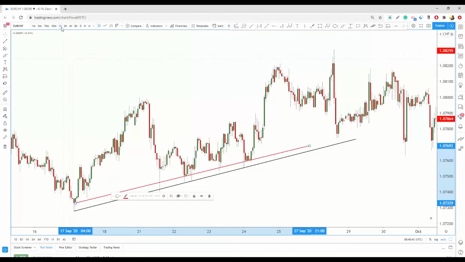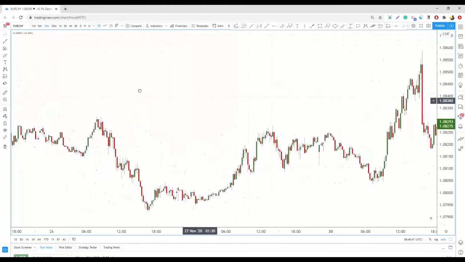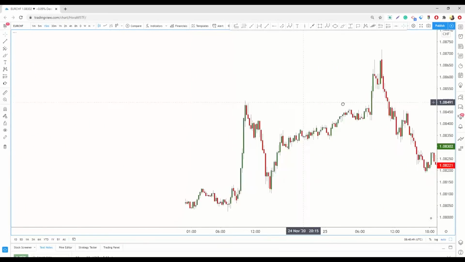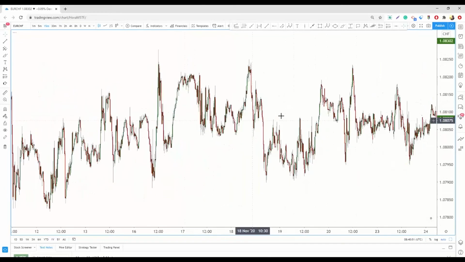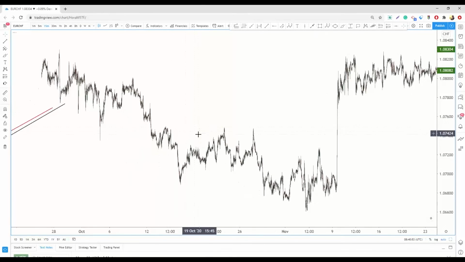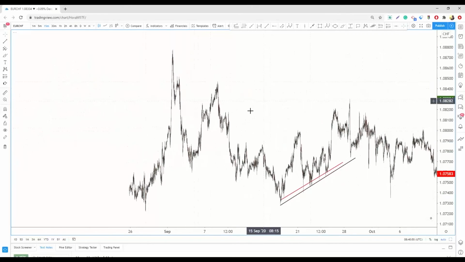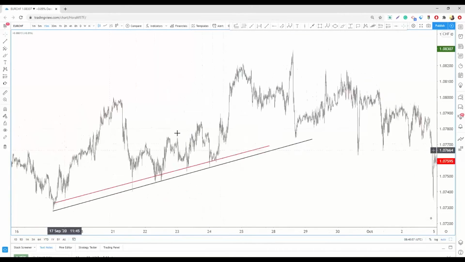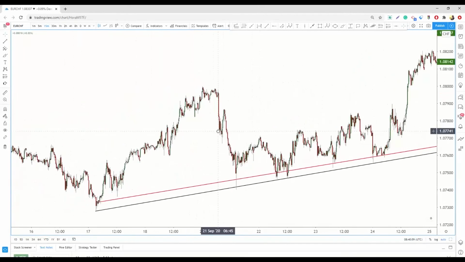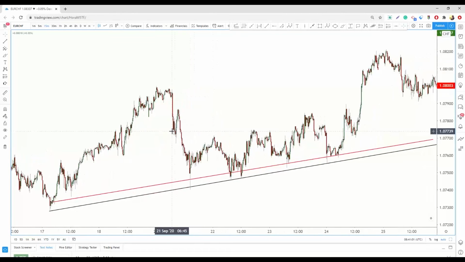Now what if we change it to the 15-minute chart? Oh shoot, where did it go? There. Which one looks nicer, the red or the black?